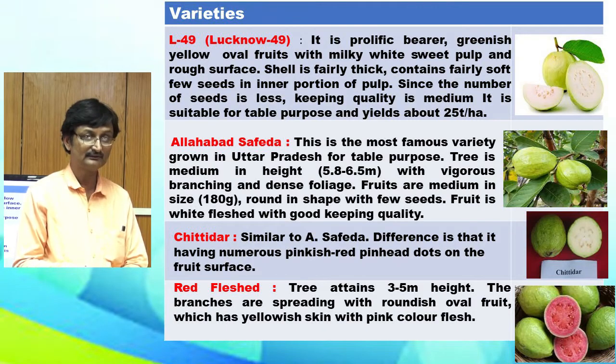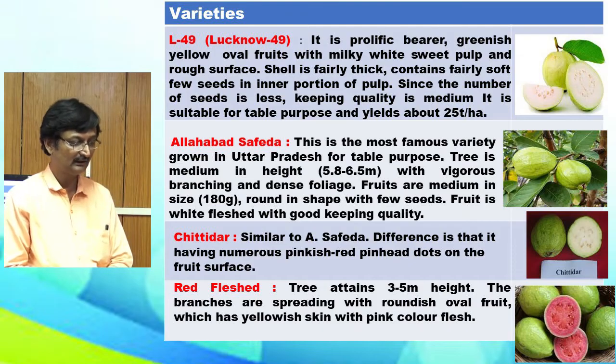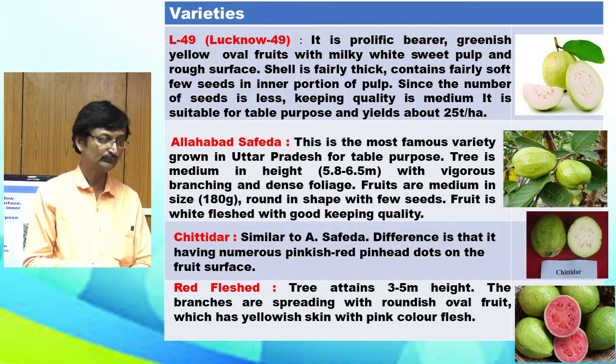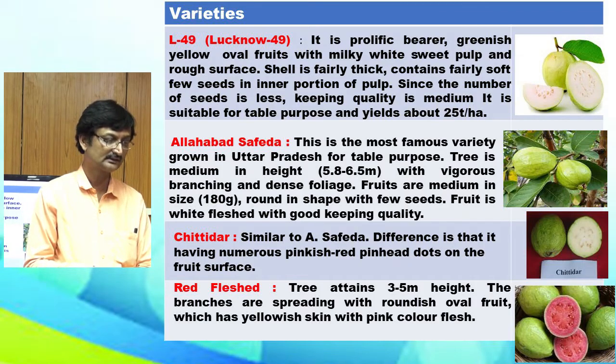Another important variety is L49. This L49 is also known as Sardar guava, and it was developed from a seedling of Allahabad Safeda at Ganeshkhind Research Institute, Pune. Sardar and L49 are synonymous.